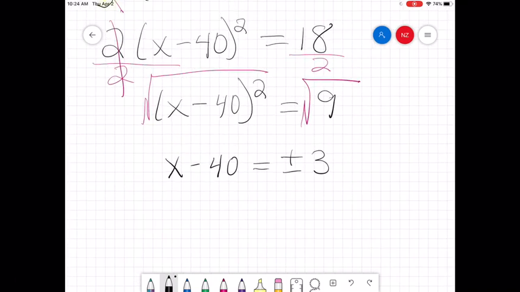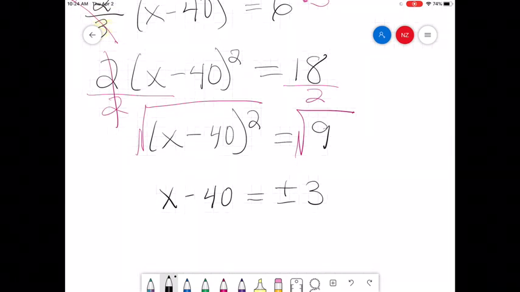Now what I need to do is move the 40. When I move the 40, I have two options. It's either 3 or negative 3, right? That's what the plus minus sign stands for. So I have to do two problems, kind of like when we're solving for our inequalities.